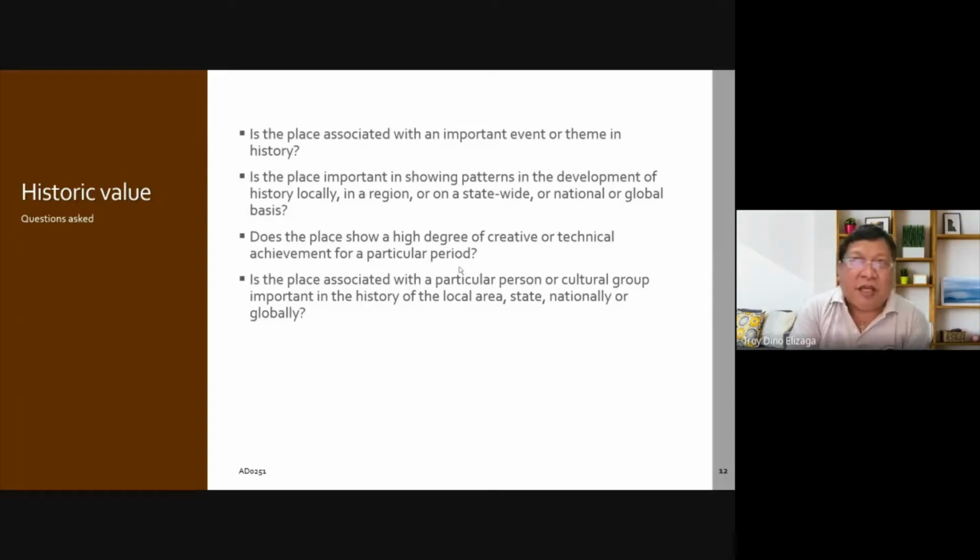Any place where Jose Rizal might have gone becomes a place of historic value. In Dumaguete, for example, he landed there, and it's even mentioned in his memoirs. Therefore, that forms part of the narrative of the significance of that place.